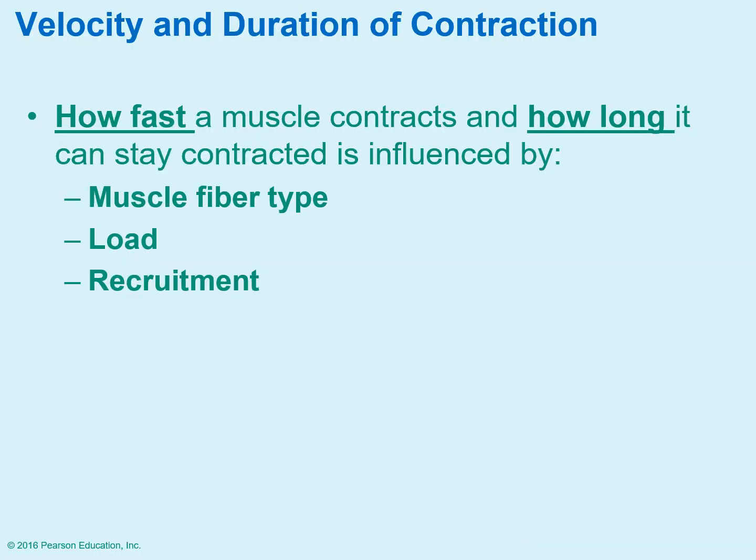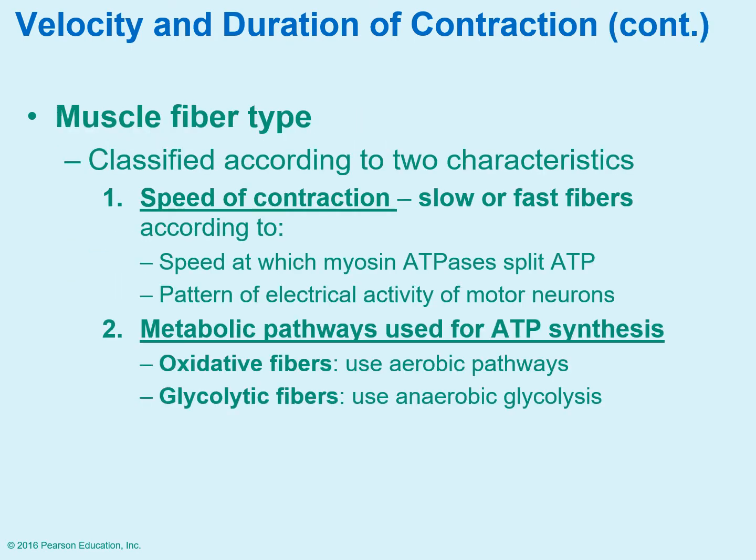How fast a muscle contracts and how long it can stay contracted is going to be influenced by the muscle fiber type, the load, and the recruitment. With muscle fiber types, we have two different ways of classifying, two characteristics to look at. The speed of contraction, either slow or fast. It basically has to do with how fast the ATPase splits that ATP.